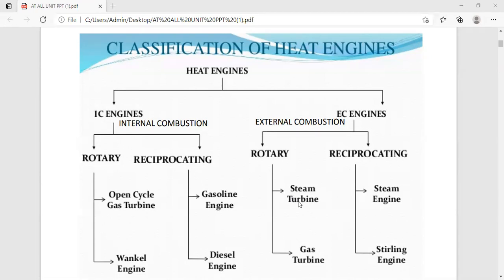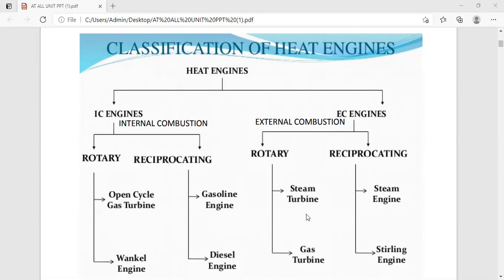So the external combustion engine is also classified into rotary and reciprocating. In the rotary type there is the steam turbine or gas turbine. In the steam turbine, steam is the working fluid. In the gas turbine, gas is the working fluid.